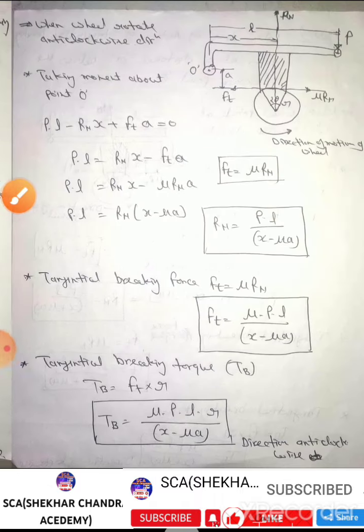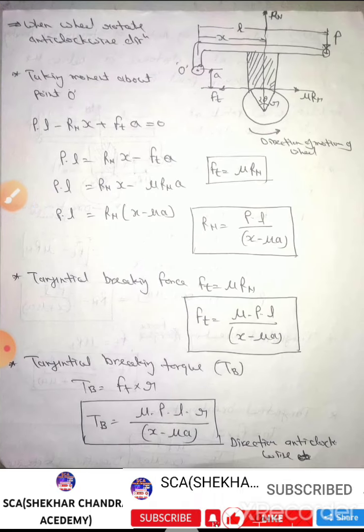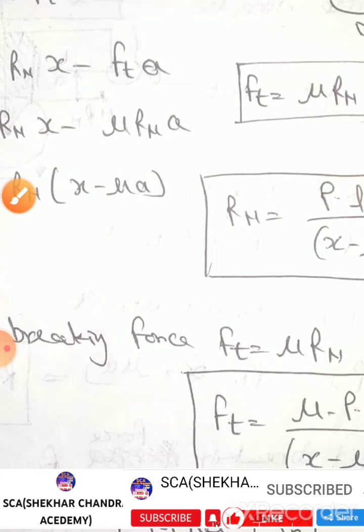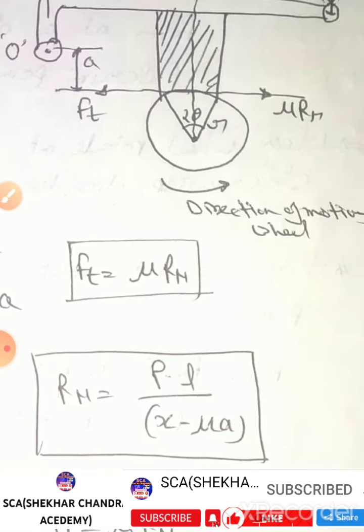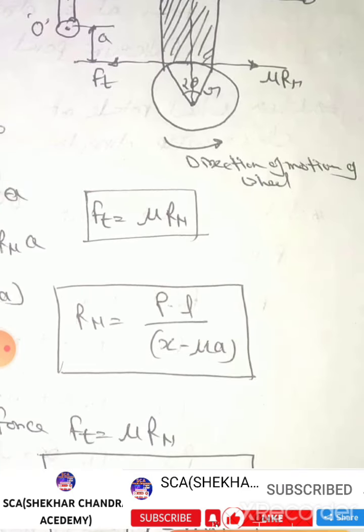Now move on to case number two, condition number 2, when the wheel rotates in anti-clockwise direction. Now see the figure. This is similar to the previous one. This is the direction of motion of the wheel in anti-clockwise direction. The tangential force is applied towards the left side.